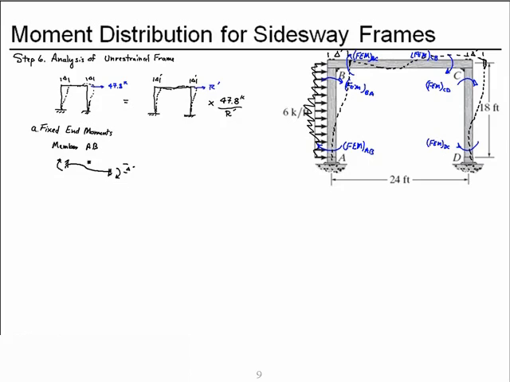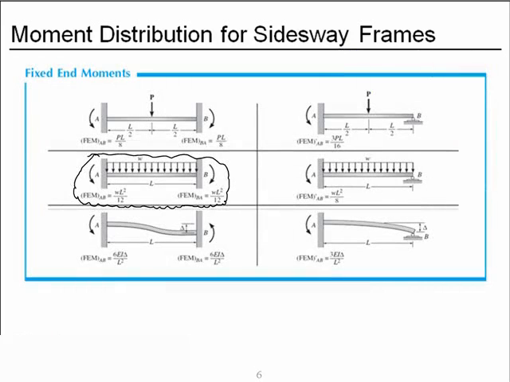And so for this situation, the fixed end moment AB is given by 6 EI delta over L squared, but notice that for this type of displacement, relative displacement of the ends, the moments are both counterclockwise.